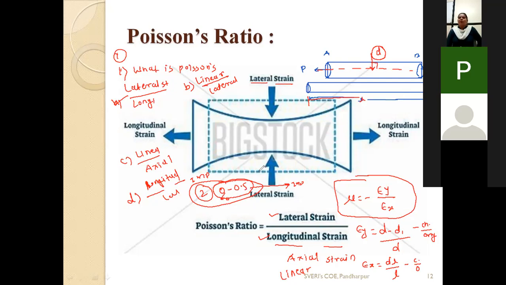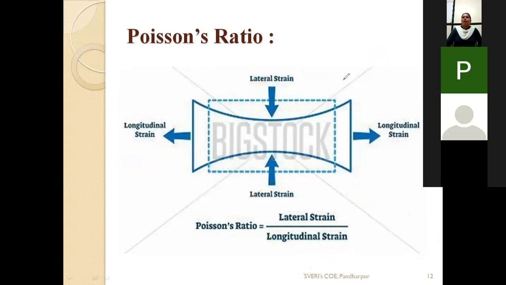So this is Poisson's ratio. I will write here some values of Poisson's ratio for different materials. For steel, the value of Poisson's ratio mu is 0.25 to 0.33.